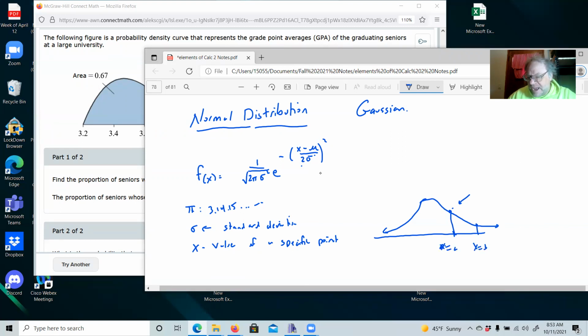We would calculate these things and then figure out what this area is. But wait, you said we need calculus for this. We do if we want to do it by hand. Actually, calculus can't do this, because this is a function that, even if you are in calculus, you can't integrate. You can't do e to the negative x squared over 2. Can't do it.